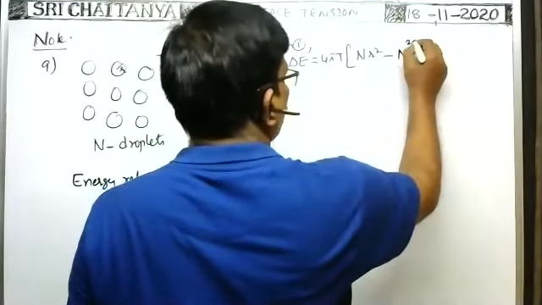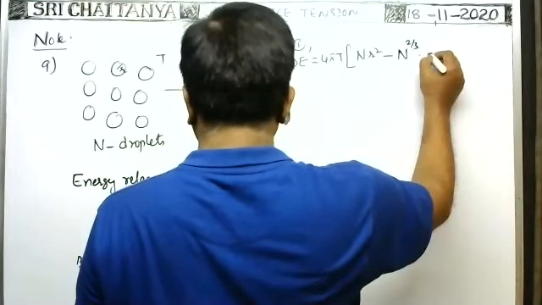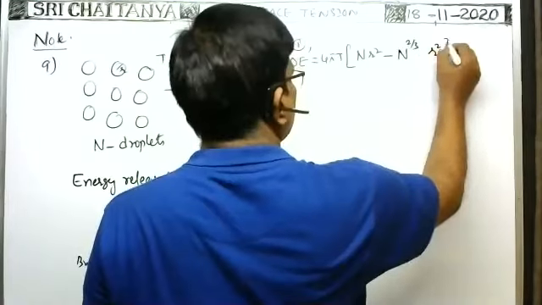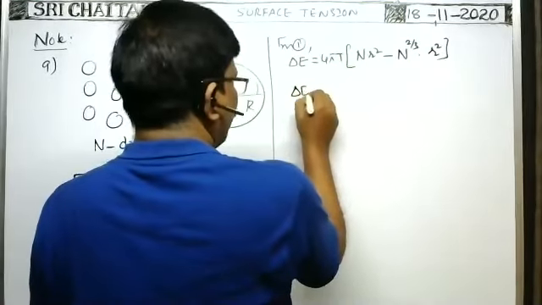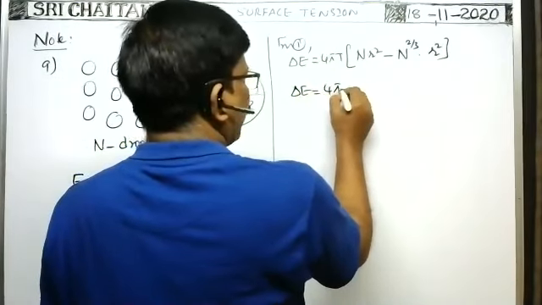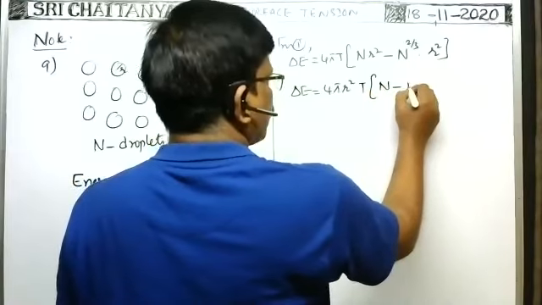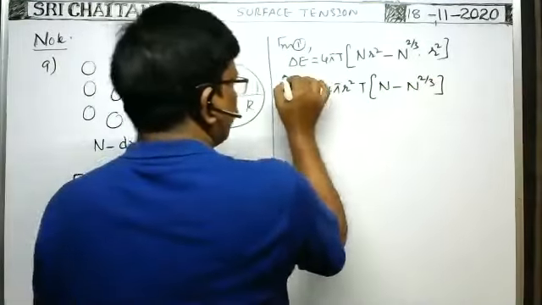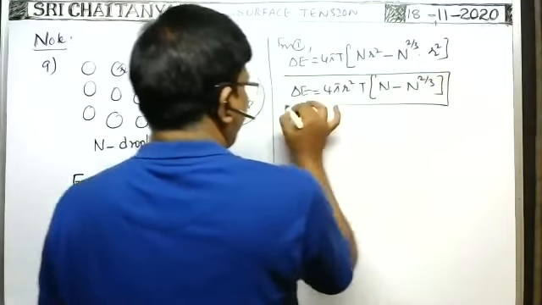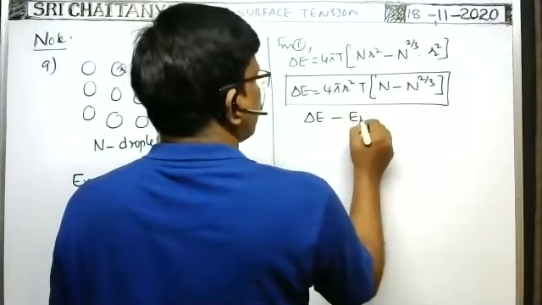Therefore, n to power of 2 by 3 into r square. So in both the terms we can take r square common. Therefore, energy released is equal to 4 pi r square into T of n minus n to power of 2 by 3. It is the formula for energy released, where delta E is energy released.